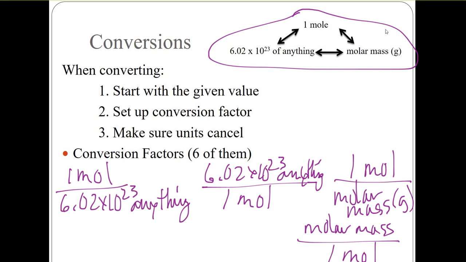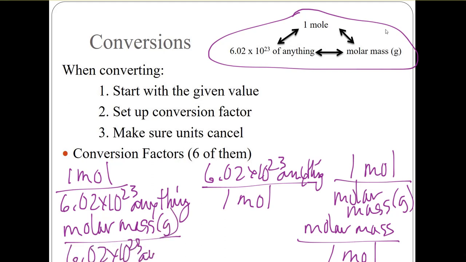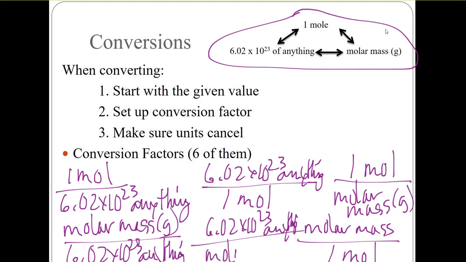And then we can also compare molar mass and Avogadro's number, the 6.02 times 10 to the 23rd of anything. Which one we use just depends on what conversions we're trying to do. Avogadro's number on top, and then molar mass, which I again get from the periodic table. All right, so there are my 6 conversion factors.